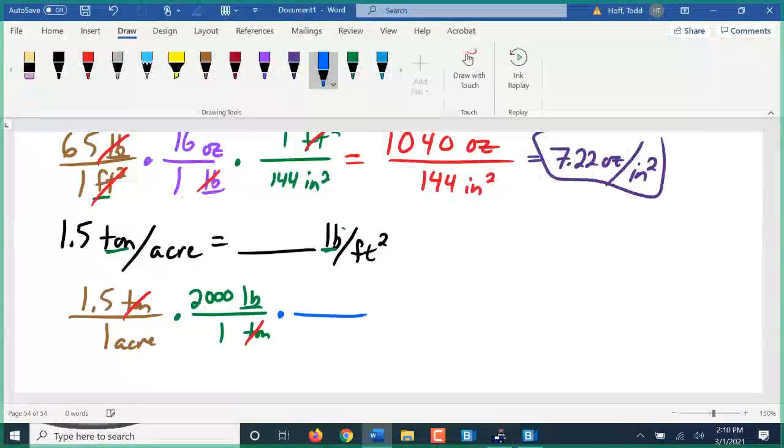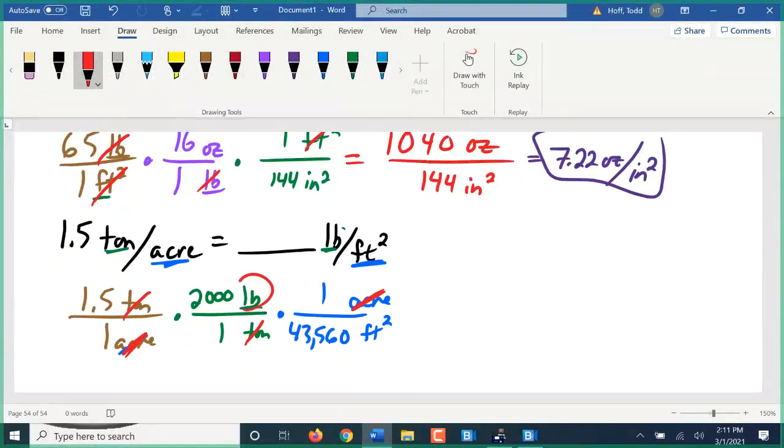Well, for the acres, let's put acres on top, and we're going to go to square feet because we want square feet in the denominator. We know that 1 acre is 43,560 square feet. Acres cancel out. We are now in pounds per square foot. So on top, we have 1.5 times 2,000 pounds, 3,000 pounds.